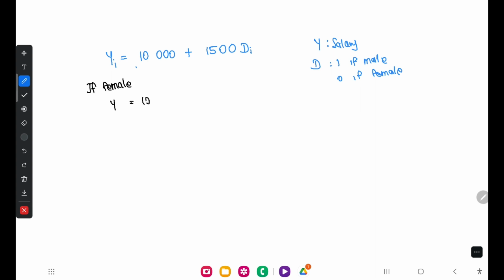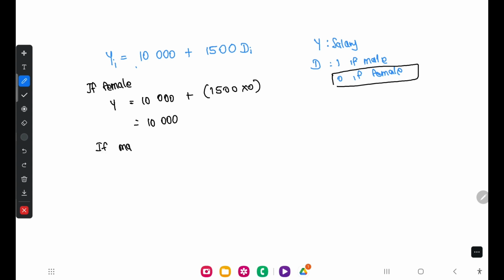Y is equal to 10,000 plus 1,500. Do we put 0 or 1? We have to put 0 for female. In that case, this is equal to 10,000. If it's a male, y is equal to 10,000 plus 1,500.